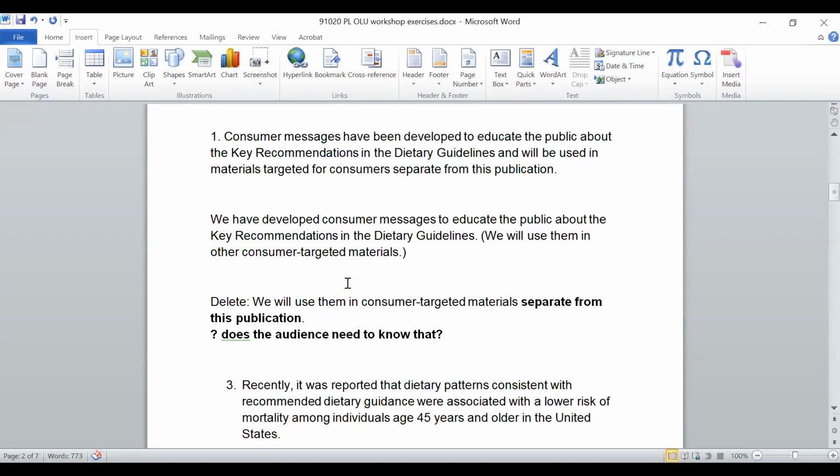I did have a very minor point that I missed, which is depending on your agency and how open they are, this is one of those connecting things. We've developed consumer messages.